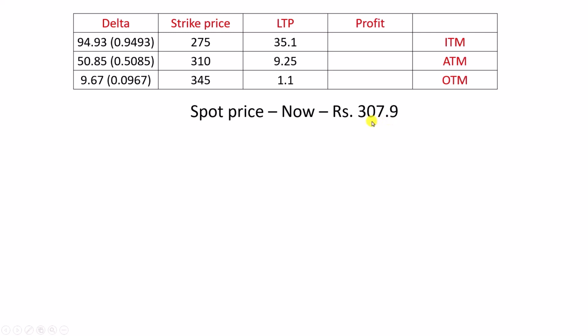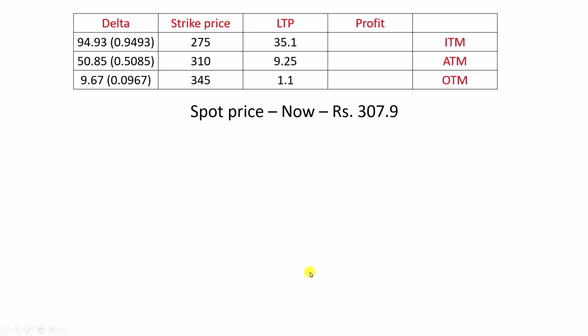If it goes to 407.9, then this premium will increase to 9.25 plus 50.85. This strike price premium will increase from 1.1 to 1.1 plus 9.67. This strike price premium will increase from 35.1 to 35.1 plus this much money. That is what it means in simple terms.